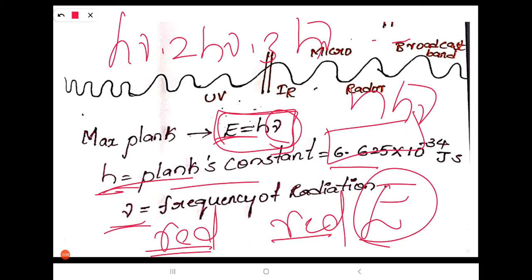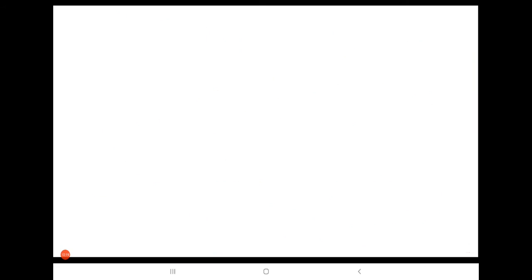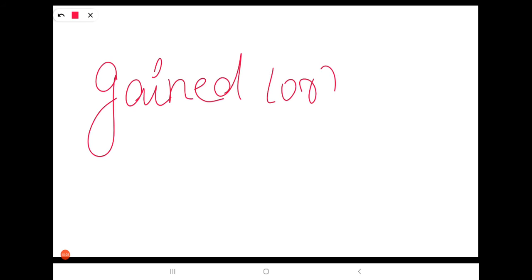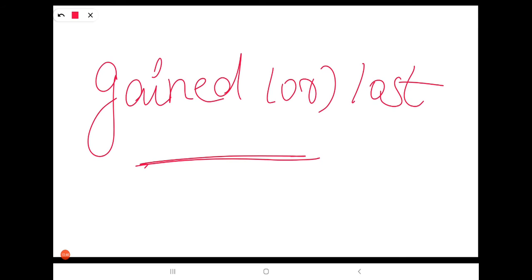So the significance of Planck's proposal is that electromagnetic energy can be gained or lost in discrete values and not in a continuous manner.